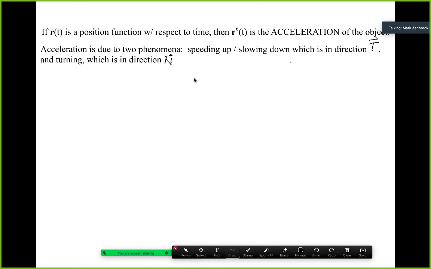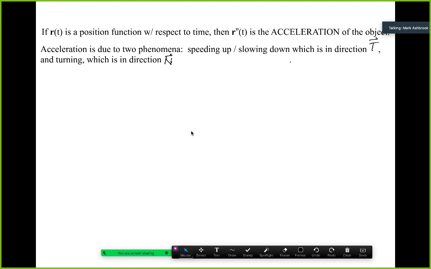So none of the motion is in the B direction. All the motion is in the plane of T and N. That's why for acceleration, you have components in the tangential direction and the turning direction. But you don't have any acceleration or any motion in the B direction. By definition, the TN plane is the plane of motion.